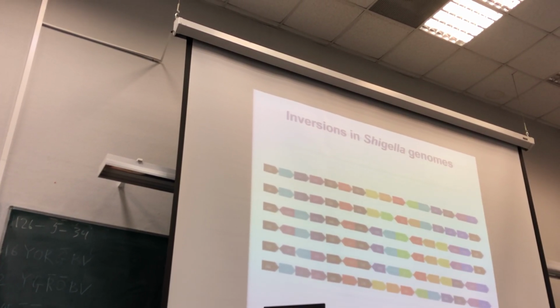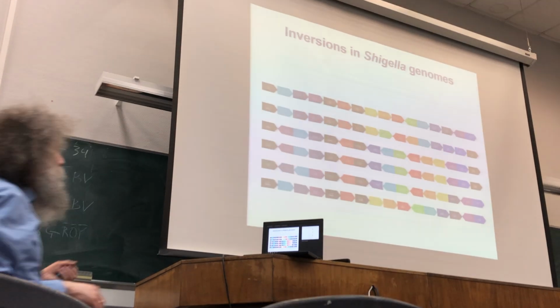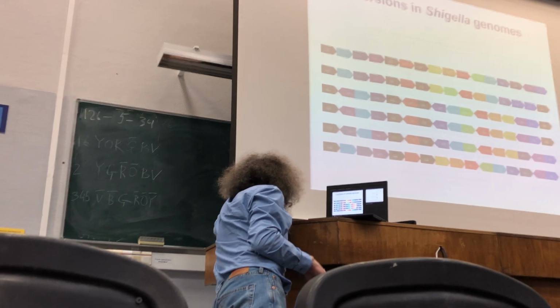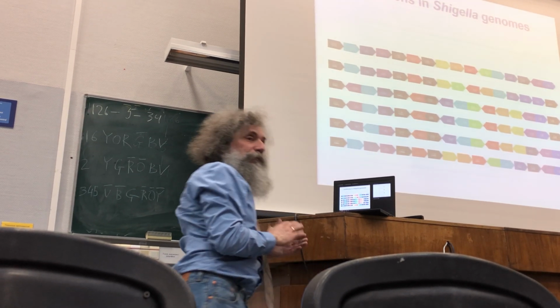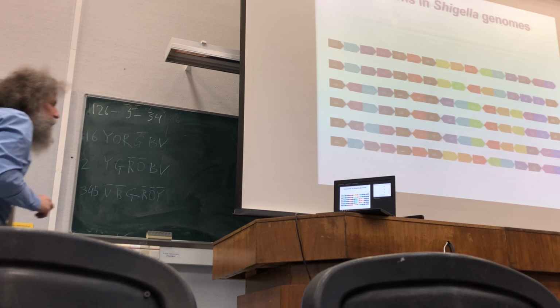Now for this group of genes, what is the set of events that have generated them? Any guesses? If you consider the first and the second, there was a reversed order pattern.